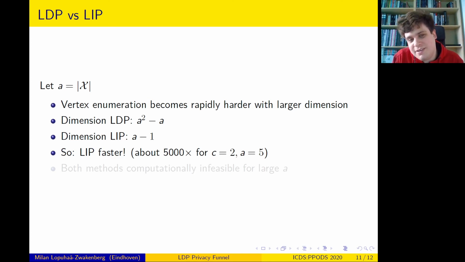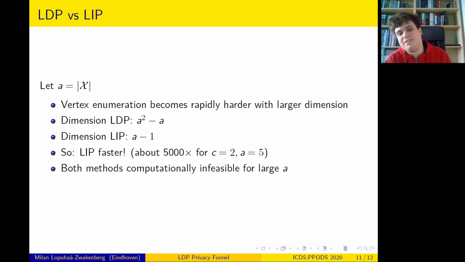While the polyhedron gamma has dimension a minus 1. And since the vertex enumeration is by far the most difficult step in finding the optimal protocols, that means that LIP will be significantly faster. In fact, in some of my experiments, I found that even if you take very low values, for example, C is 2 and A is 5, you get a difference in time of about 5,000, which is huge.